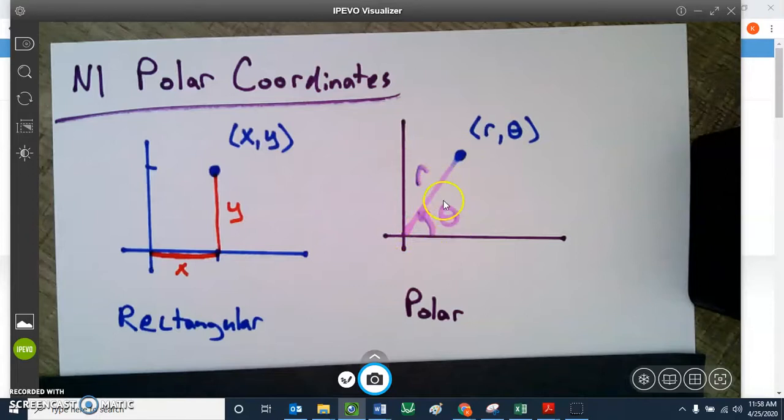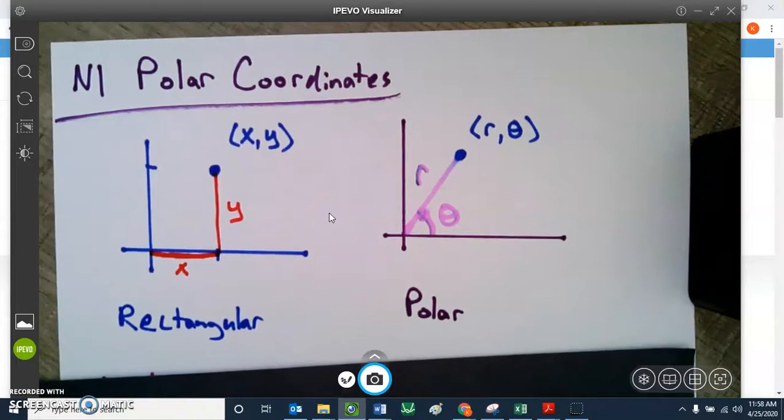Those are the two things we need, and we can still get to the same point. So part of our notes today is going to be about going back and forth between the two. If I give you a point in rectangular coordinates, you need to be able to find how do I describe that point in polar coordinates, and vice versa. So x and y old, r and theta new.